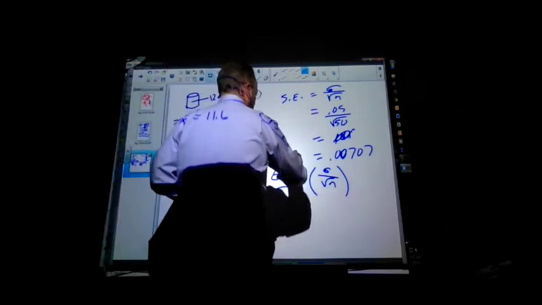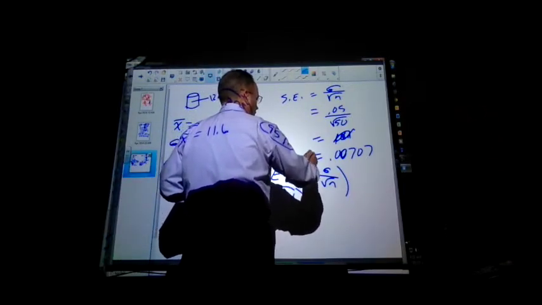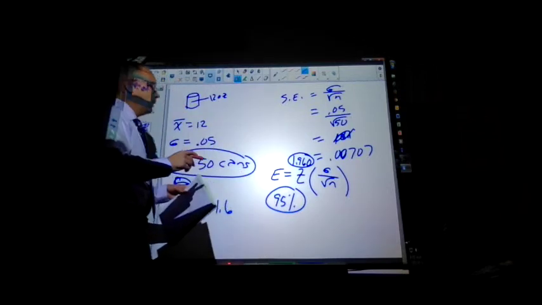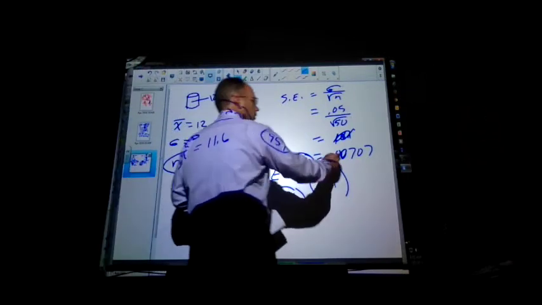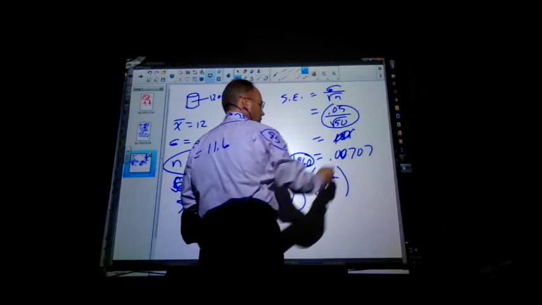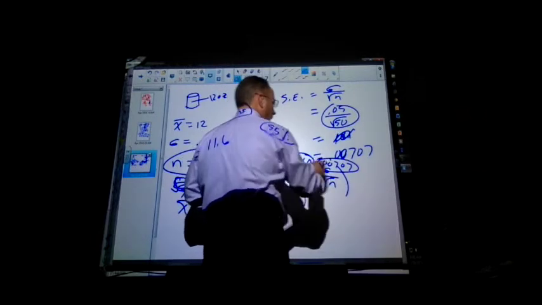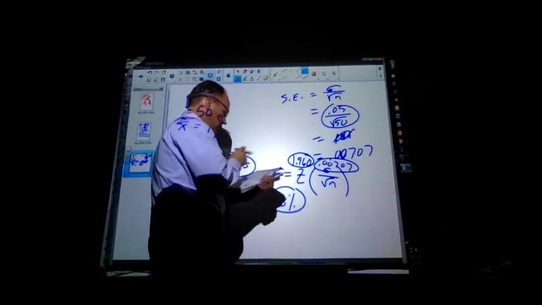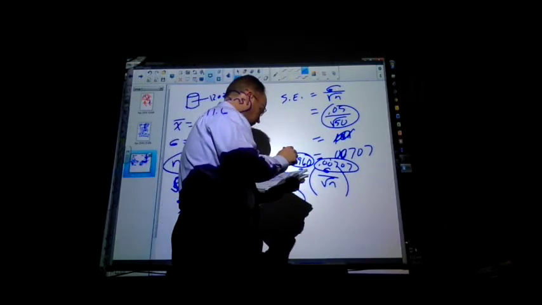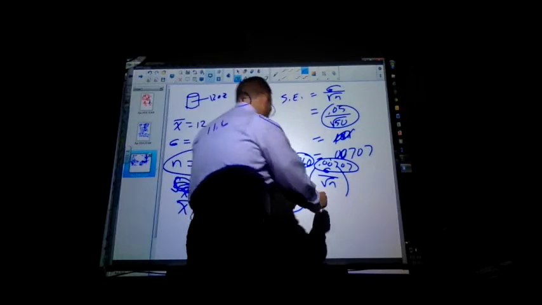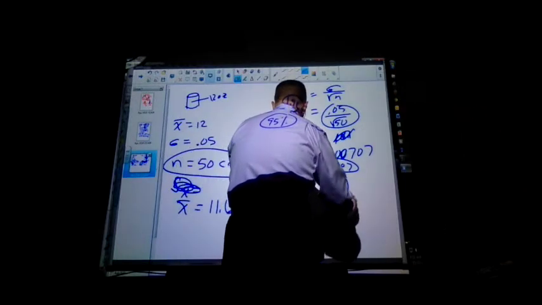So my Z-score is going to be 1.960, times the standard error we found, which is 0.00707. If I multiply those together, that's going to give me 0.0139.